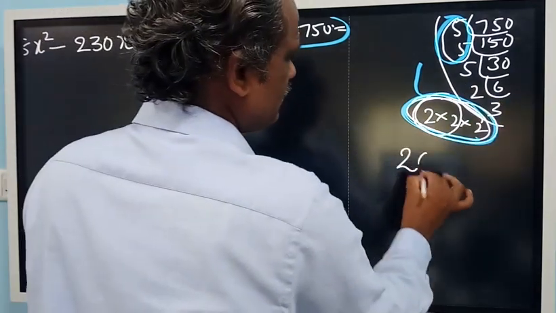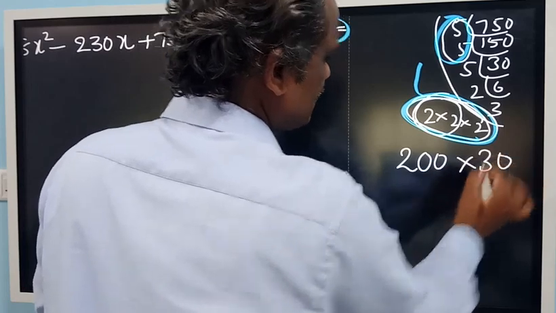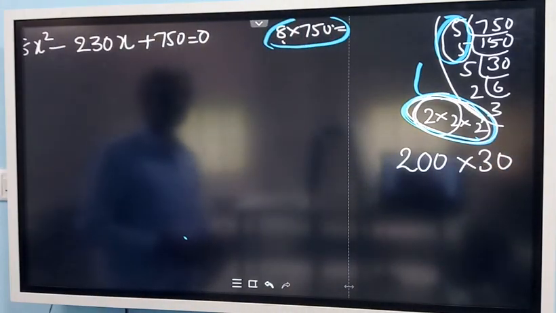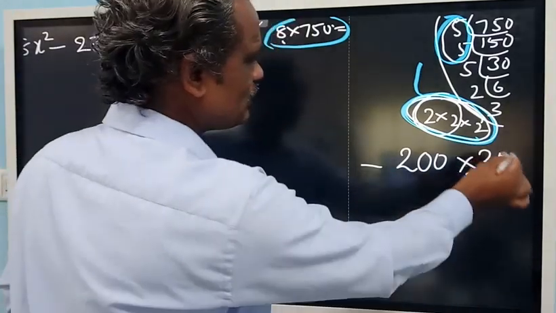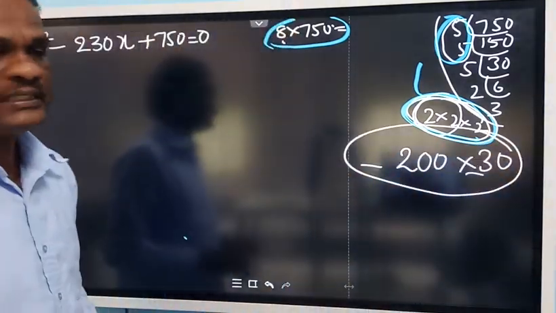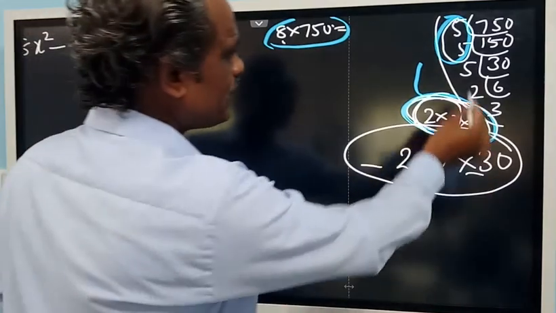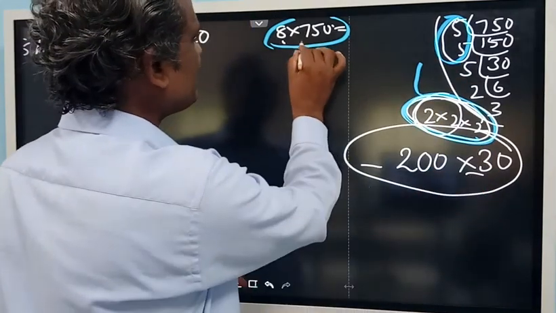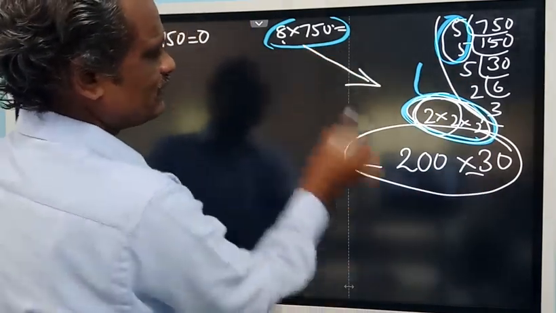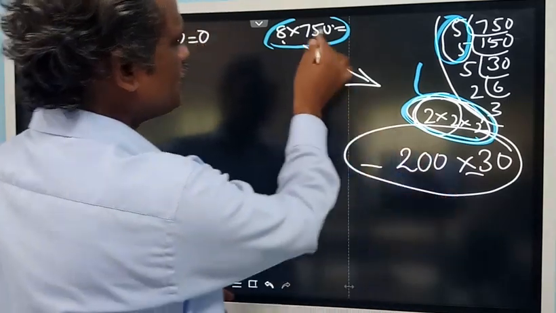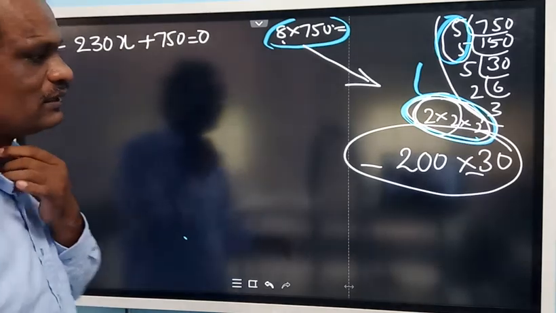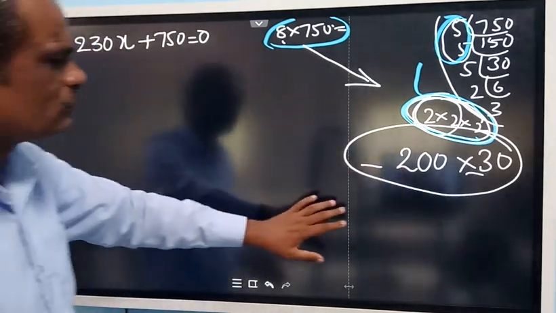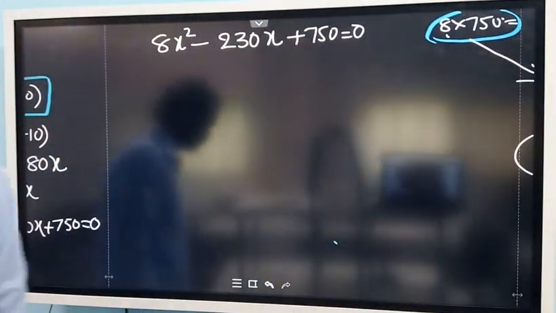Okay, look at this. 200 and 30. 200 plus 30 gives you 230, so minus 200 minus 30 gives you minus 230. Once you multiply, you will get this product. So 230 is the correct split.